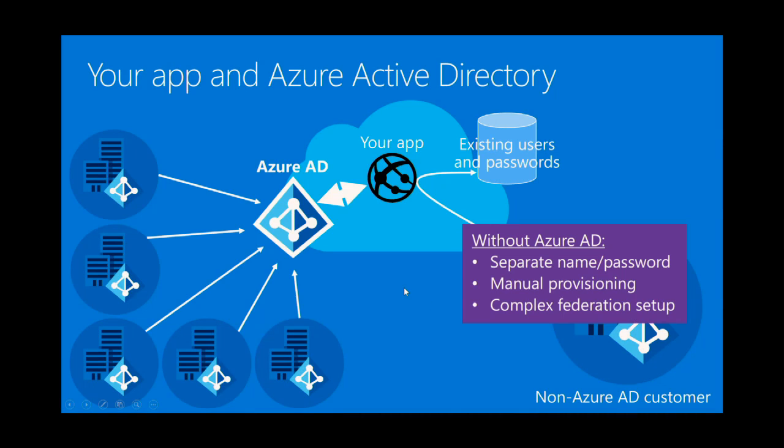Okay, so how does Azure AD help with all this? Well, it's a very, very simple trick. Azure AD is a projection in the cloud of your local directory. It's not a full fidelity projection.